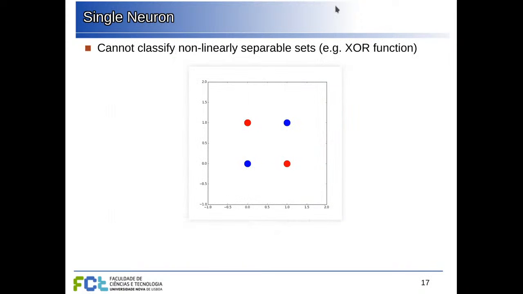However, if we try to classify this set, so this would be a representation of the exclusive OR function. It's 1 if there is a 1, 0 or a 0, 1, but it's 0 if it's 0, 0 or 1, 1. And this is not linearly separable. There is no way we can find a straight line that separates these two correctly.